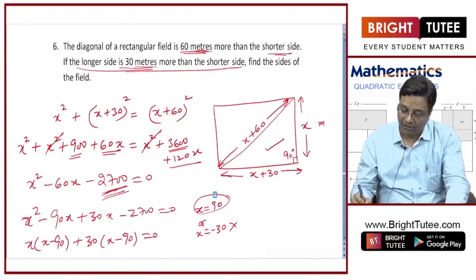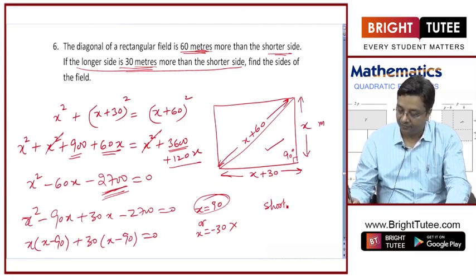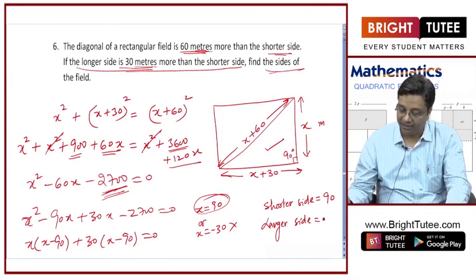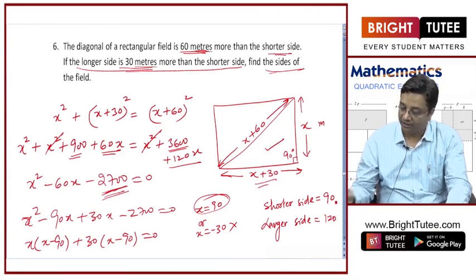So x is equal to 90. So the shorter side is going to be 90 and the larger side will be 90 plus 30, which is equal to 120, and the unit here is meters, 90 meters and 120 meters.